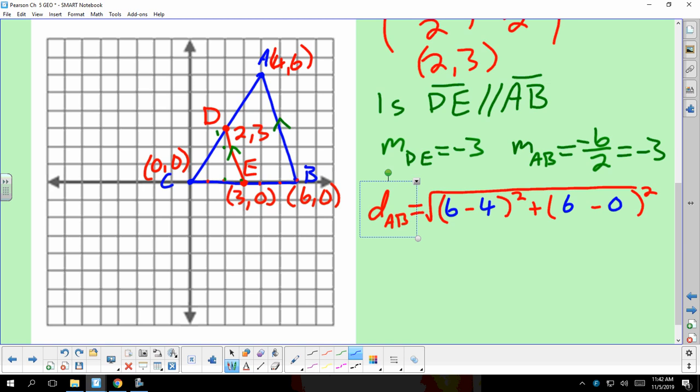So I end up with 2 squared plus 6 squared. So I end up with the square root of 40.